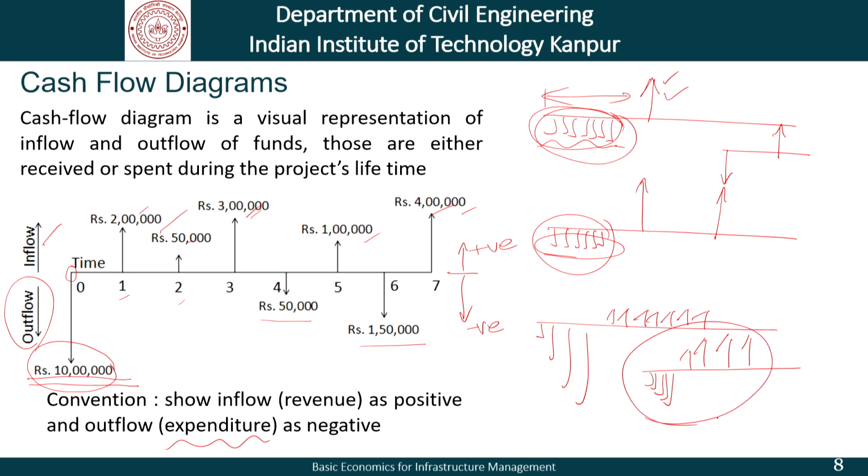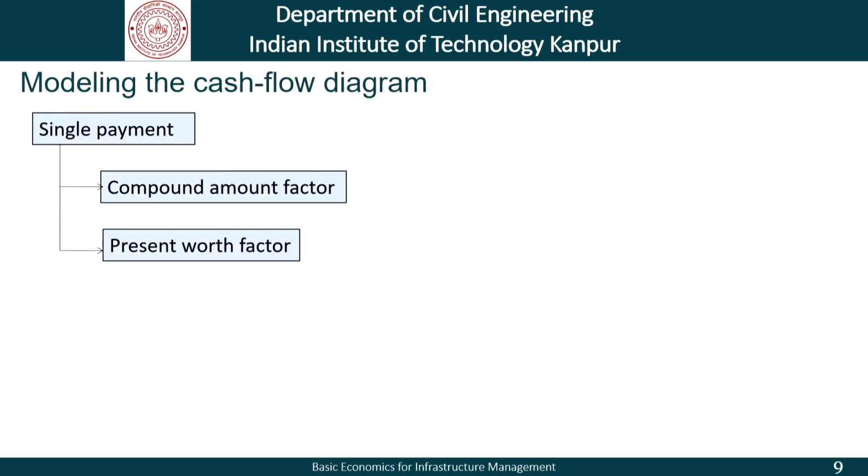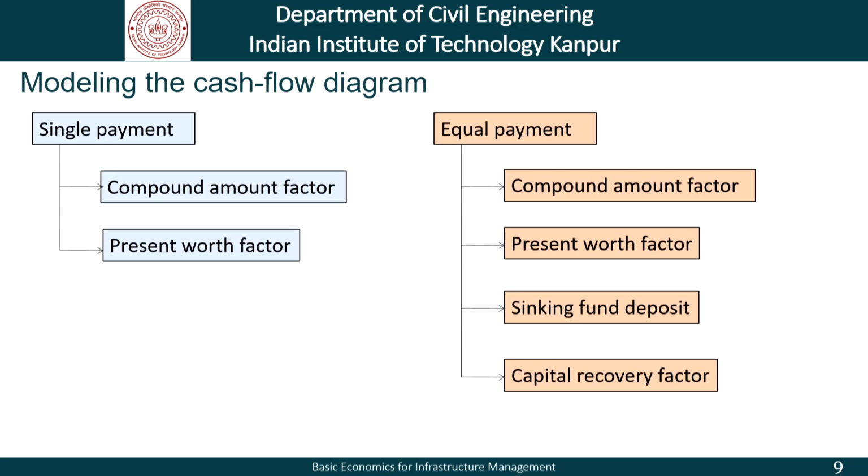So, all these variations make it important that we understand or have some concept of modeling this cash flow diagram and making simple decisions or having a mathematical model which will help us make quantitative decisions. And these models that we have are single payment based, that is compound amount factor or the present worth factor, or it could be equal payment based, where we talk about a compound amount factor or a present worth factor, sinking fund deposit, capital recovery factor, and so on and so forth.